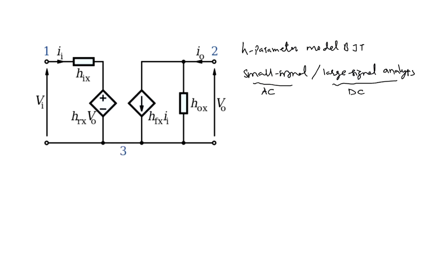So remember, we have explained to you there are three configurations of the transistor: common base, common emitter, and common collector. And this particular H parameter model of a BJT is applicable to all these three configurations.